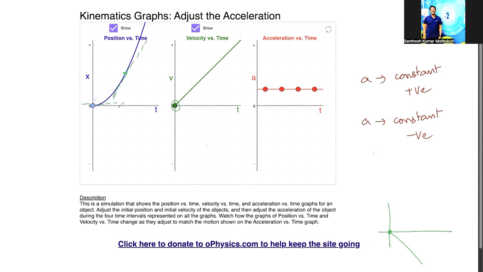So I can see that compared to this, the gradient is maximum, and also it is positive gradient. So somewhere here, and again here, the velocity still increased, and it has more gradient as it goes up. So we can also check this position versus time graph, not from 0, but somewhere here.